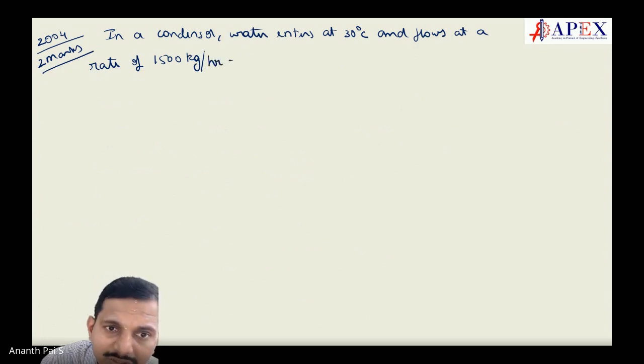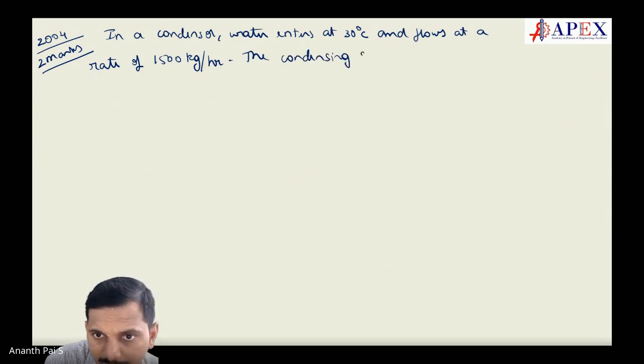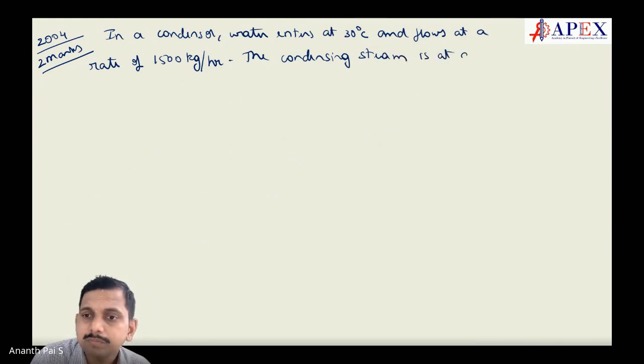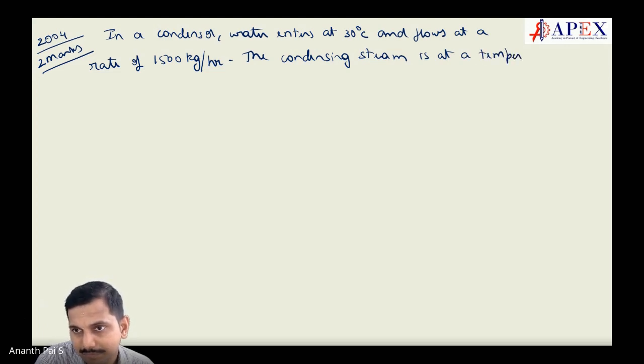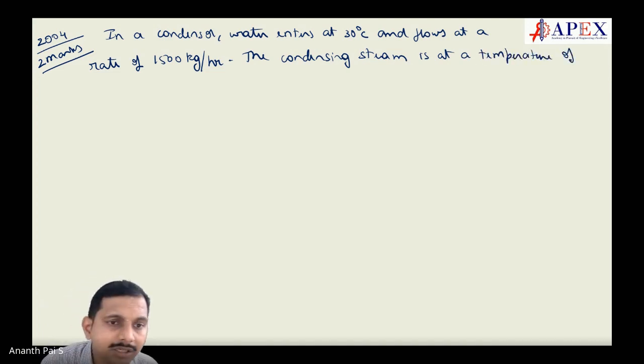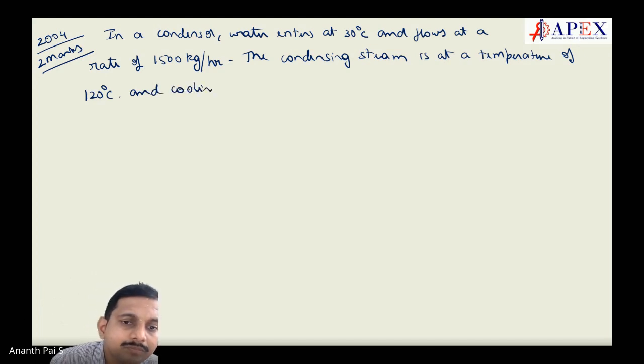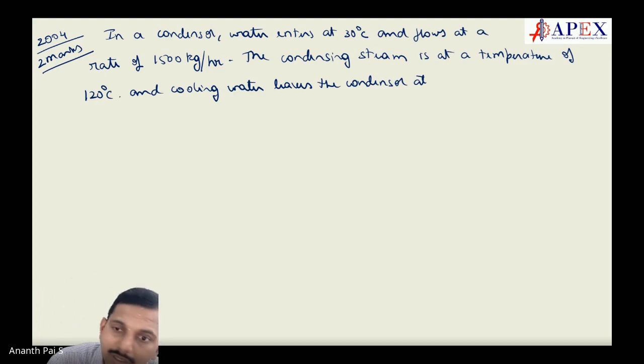The condensing steam is at a temperature of 120 degrees and cooling water leaves the condenser at 80 degrees.